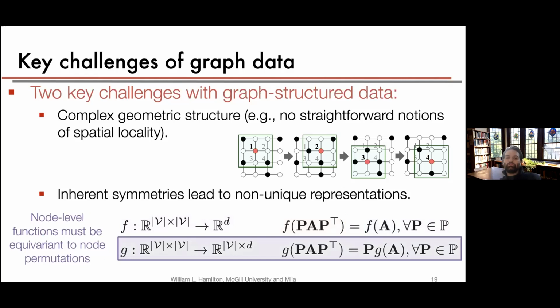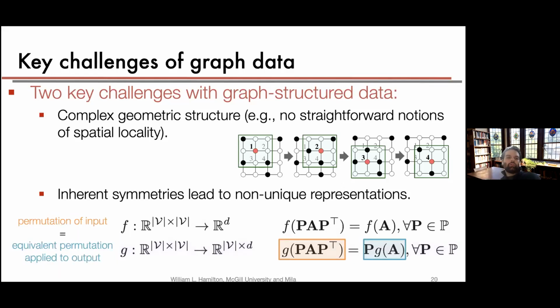There's also another symmetry if we're trying to learn node level functions. So if we're trying to learn a function that maps a graph or an adjacency matrix to low dimensional embeddings for all the nodes in this graph, so now we're going to try to map to N different embeddings, these functions have to be equivariant, meaning that if we apply some permutation to our input adjacency matrix, the output representations that we get are just permuted in an analogous way.